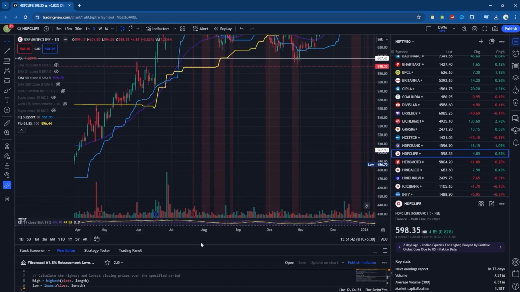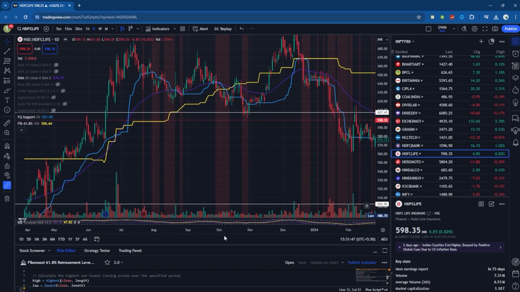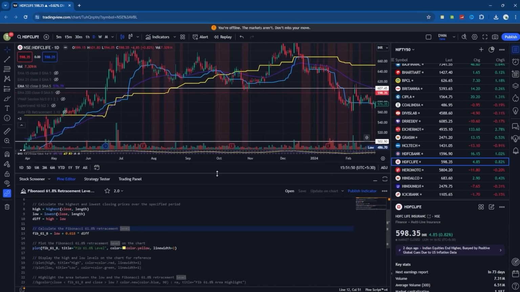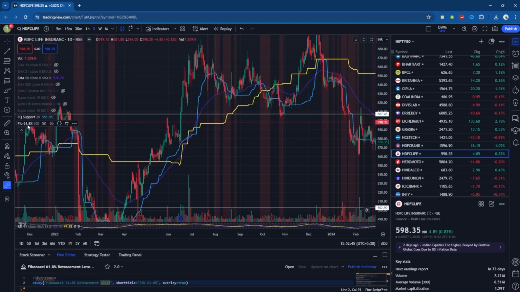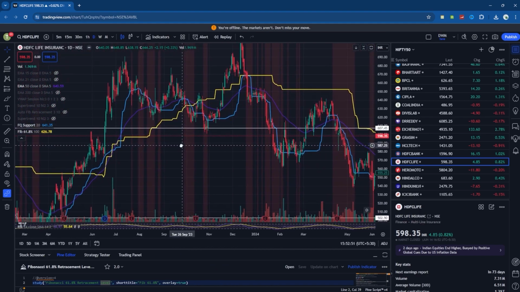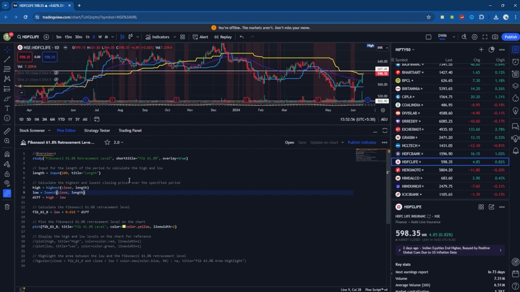For this particular chart, I created two codes. Let's go through that. This is the Fibonacci retracement. The Fibonacci retracement of 61.8% is the yellow one you see in this chart, and the code is created for that.